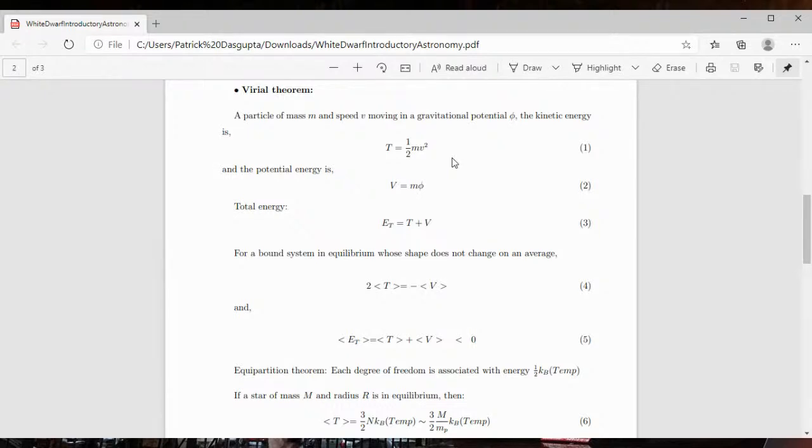Our Earth is going around the sun with a speed of about 22 kilometers per second. For the sake of rounding of numbers, you might take it to be 20 kilometers per second. I want you to calculate the kinetic energy of Earth.